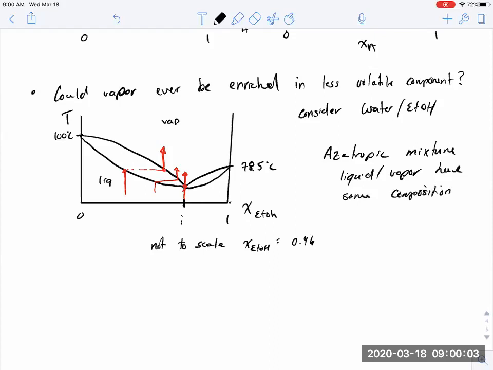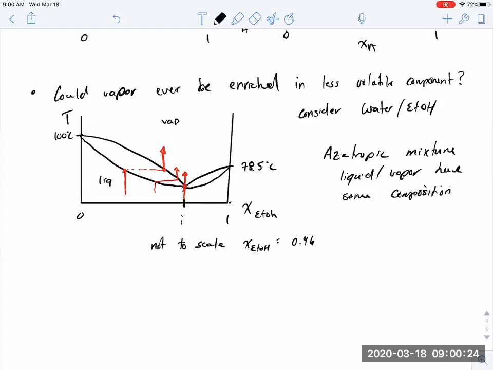Indeed, this is the reason why you can't distill ethanol beyond 96%. I would not recommend drinking ethanol that has been prepared in higher concentrations from water, because such requires chemical agents, not just this kind of physical process of boiling.